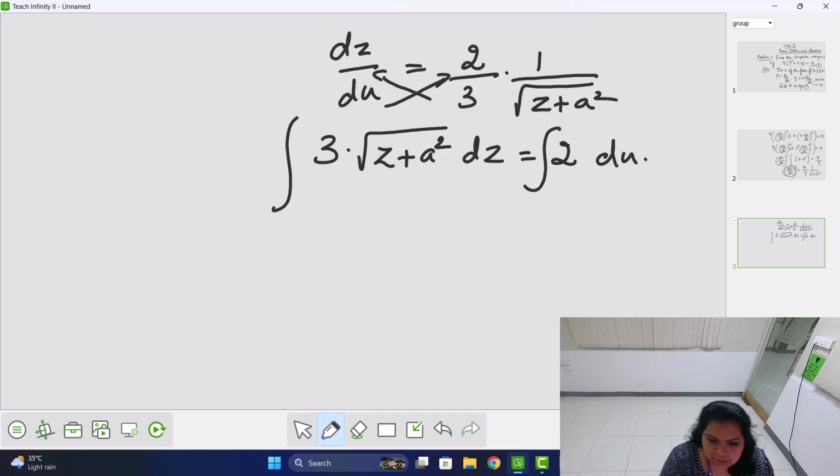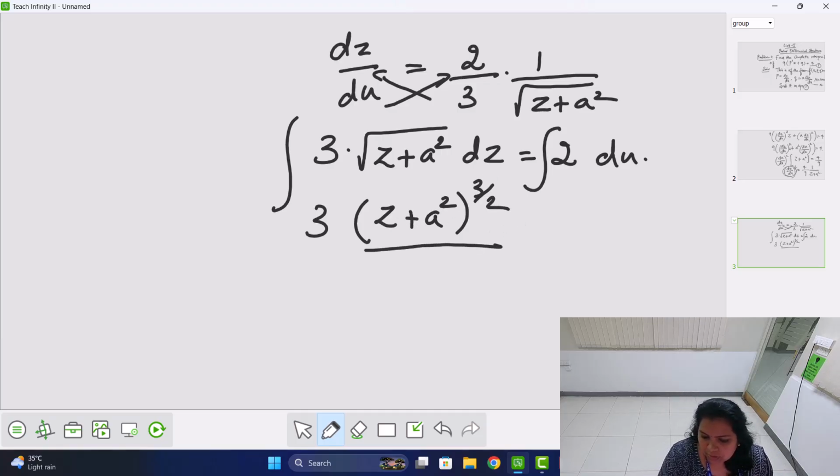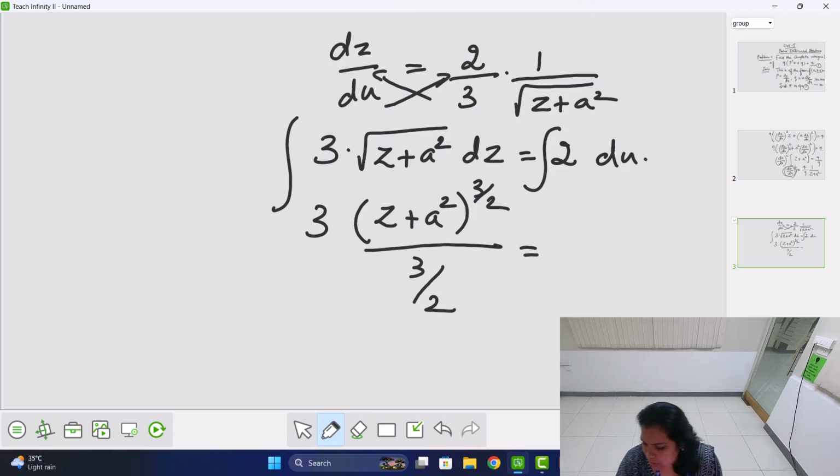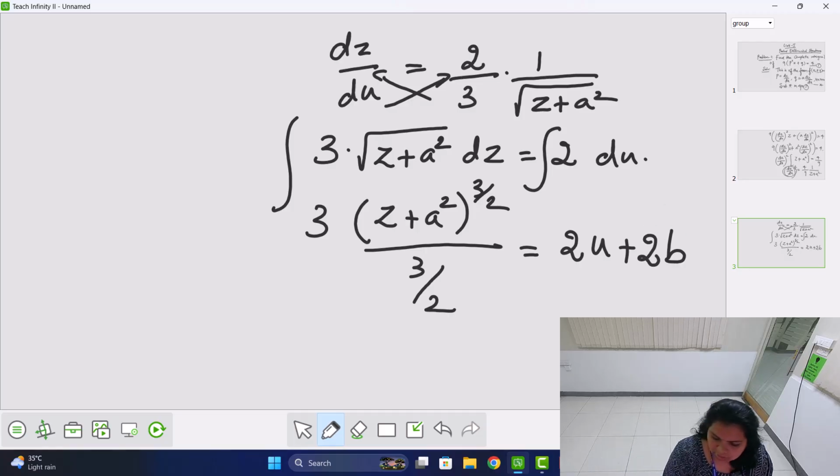Integrating on both sides, you take 3 out. The integration of this term gives (z + a²) to the power 3/2 divided by 3/2 is equal to 2u plus a constant. The constant can be b also, but since it is in the 2, you can take it as 2b. There is no issue in that. So cancel all the terms here.